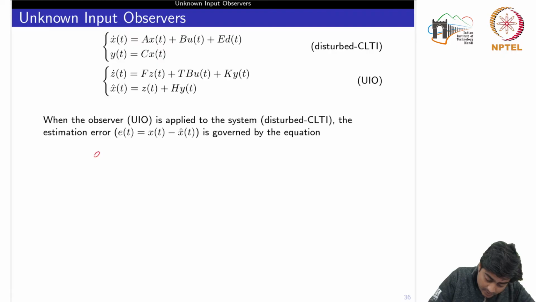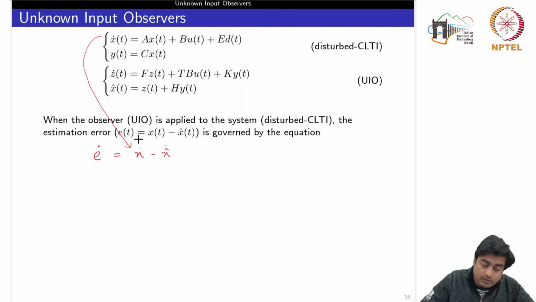The next step is to take the derivative, x dot minus x hat dot. Here I can substitute this x dot, and after taking the derivative of the output equation of the observer, I will substitute it here.